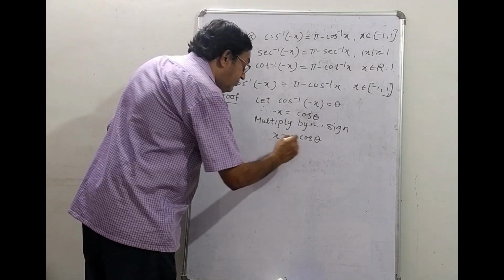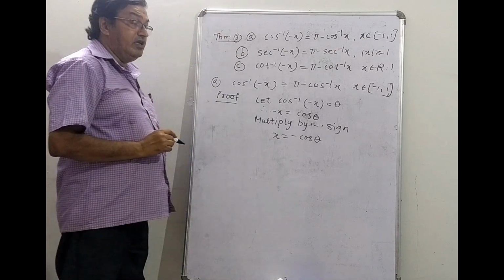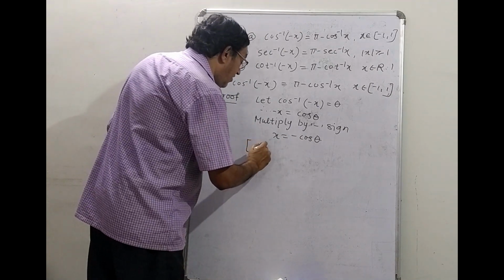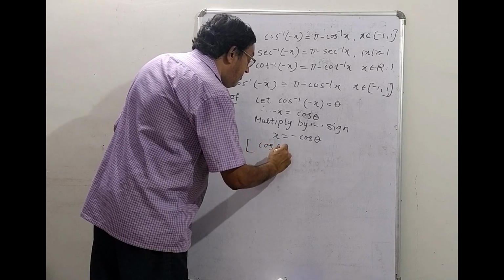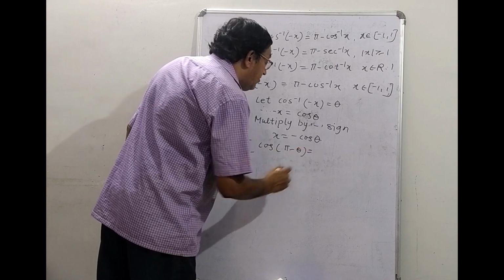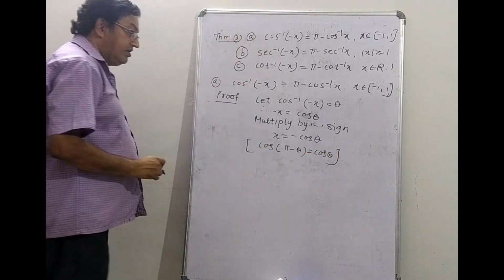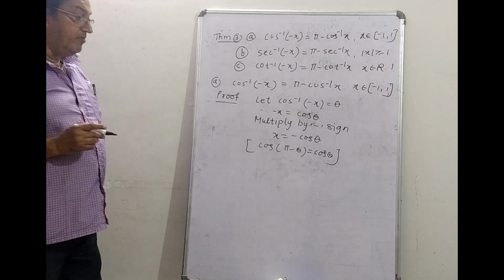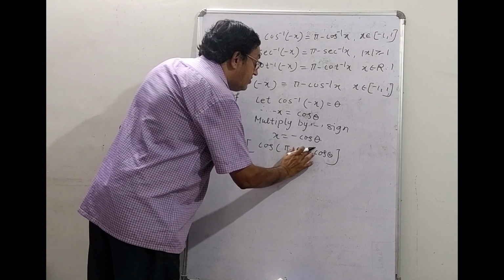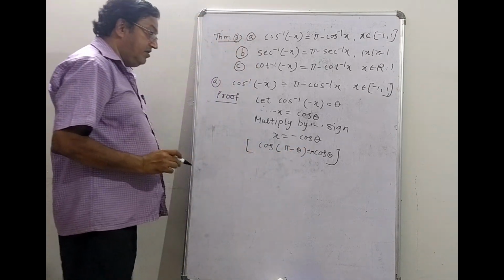But this minus cos theta we cannot write as cos of minus theta. Cos of pi minus theta, that is cos of 180 minus theta, is minus cos theta.